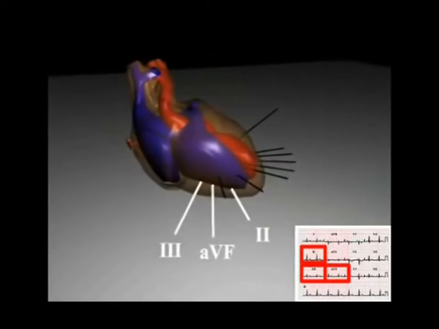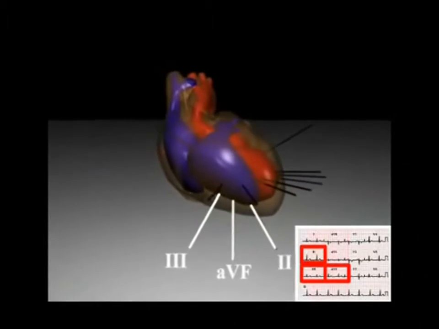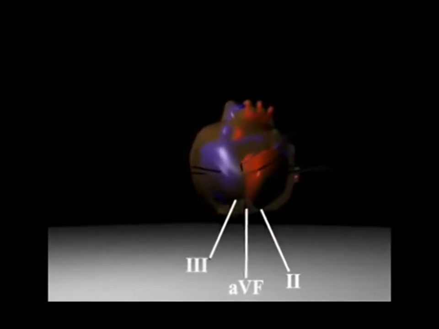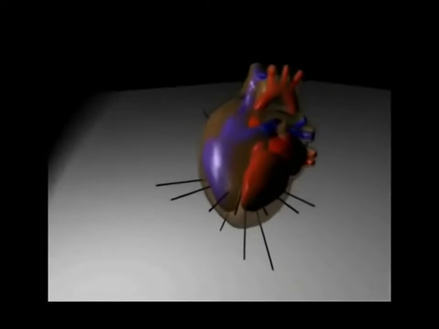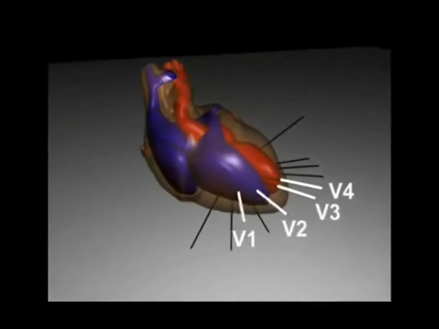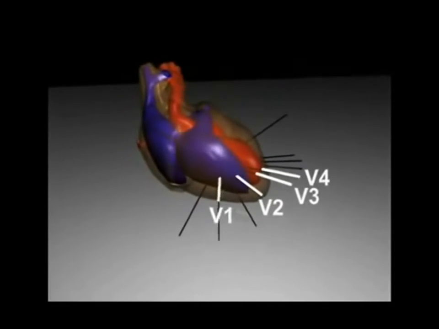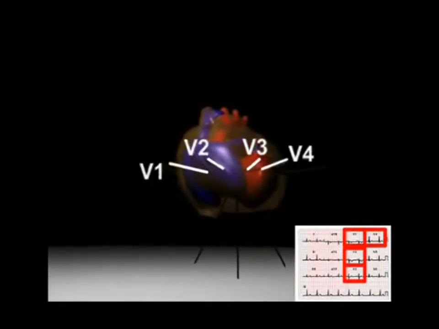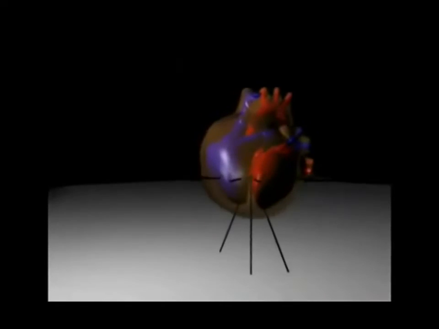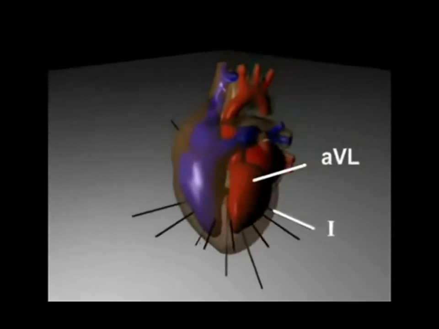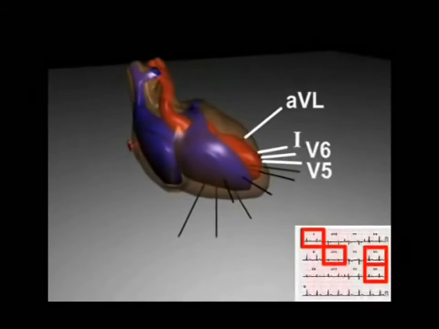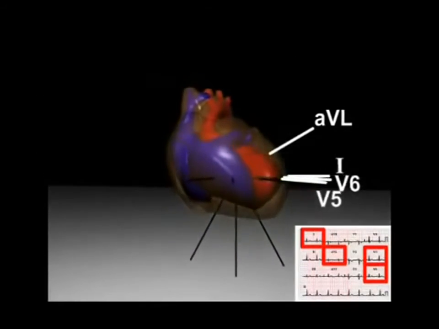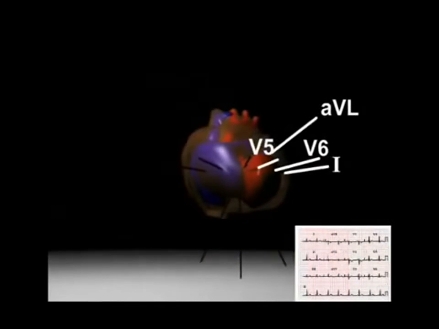You will eventually get into the habit of seeing these so-called inferior leads as a single entity in the bottom right-hand corner of the ECG. The chest leads V1 to V4 examine the anterior surface of the ventricles and the septum, a region supplied by the left anterior descending artery, while leads 1, AVL, V5 and V6 examine the left lateral aspect of the left ventricle, a region supplied by the left circumflex artery.